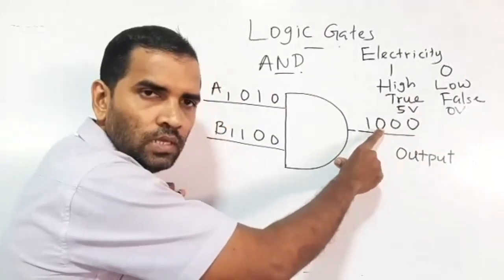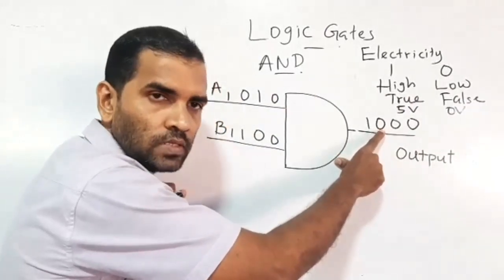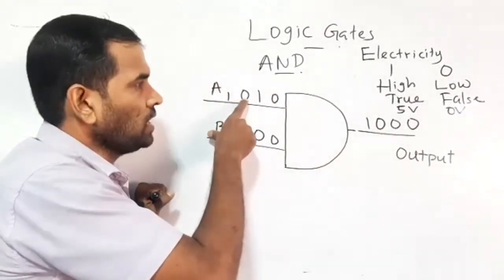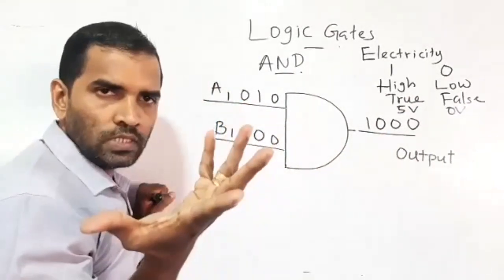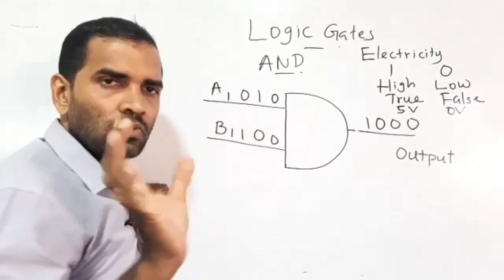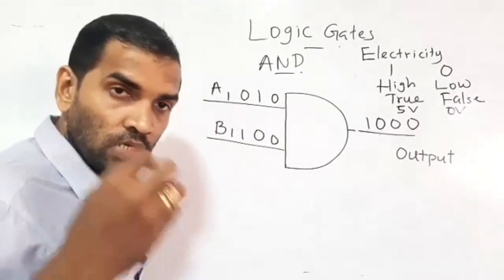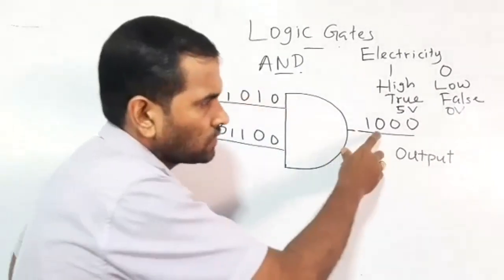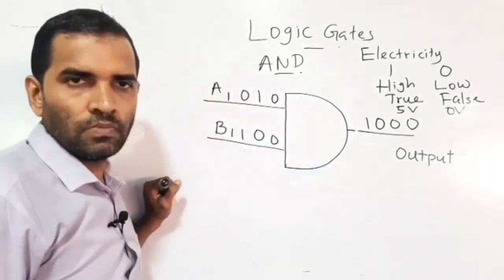Here we have 0, which means no electricity. Why? Because of this 0. In wire A, no electricity. Yes, we have electricity in wire B, but that is not enough. Wire A doesn't have electricity. That is enough. So that's why you got 0.